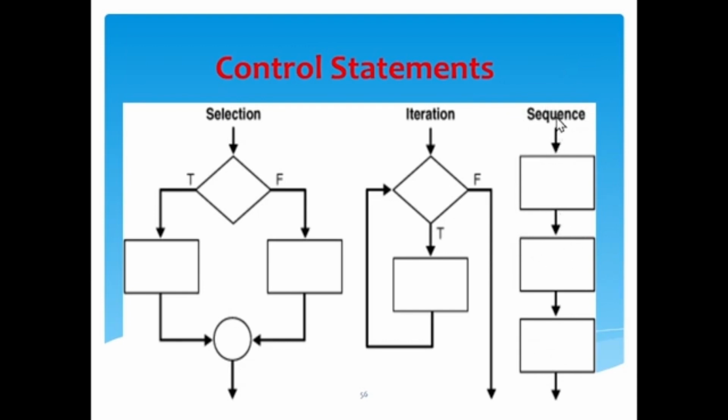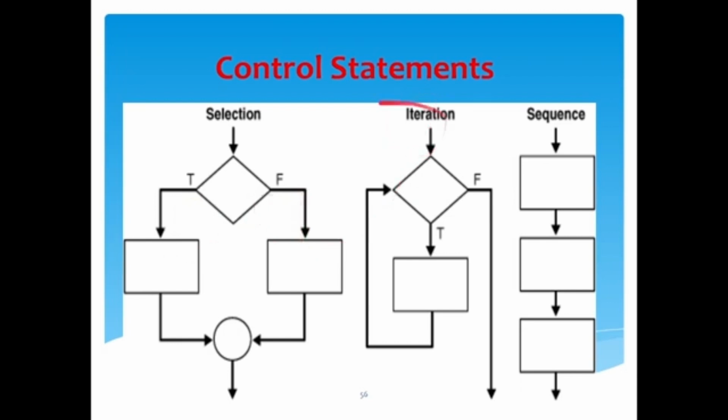Okay, it is a line by line process. Whereas in selection you will specify a condition, and if that condition is true, this block will get executed, and if that condition is false, this block will get executed, and finally the output will be printed. Remember, both will not get executed at a time. Any one of them will get executed.